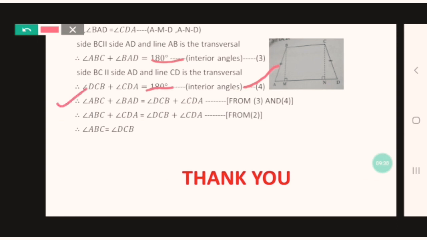So angle ABC plus angle BAD is equal to angle DCB plus angle CDA. Now your angle BAD is equal to angle CDA, so in place of BAD I can substitute CDA. So angle ABC plus angle CDA is equal to angle DCB plus angle CDA from equation number 2. So these two angles get cancelled over here. We are left with angle ABC is equal to angle DCB.